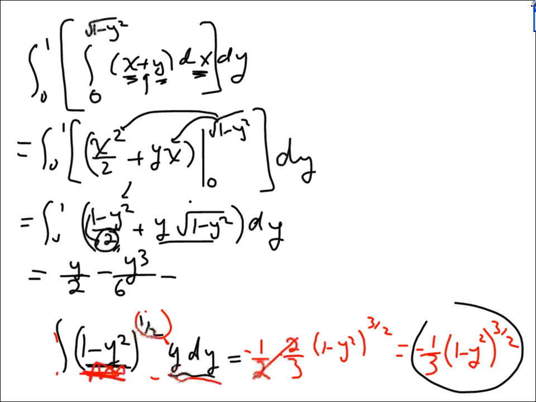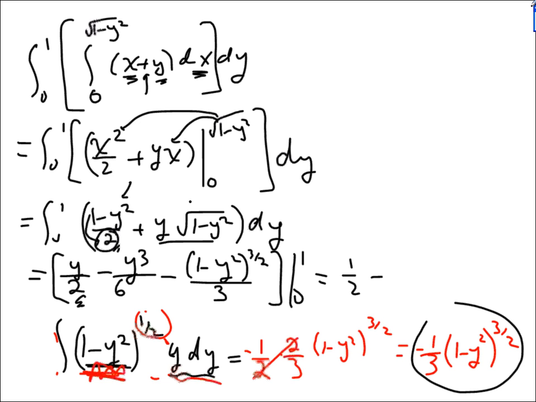It's negative (1 minus y squared) to the 3 halves over 3. And this gets evaluated from y equals 0 to 1. When you plug in 1, you get a half minus, over here you get a 6. And when you plug 1 in for y right there, you get 1 minus 1 squared, which is 0.